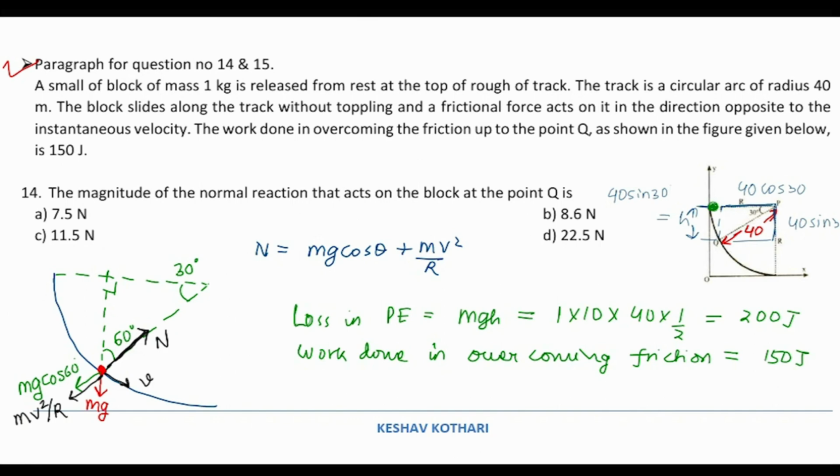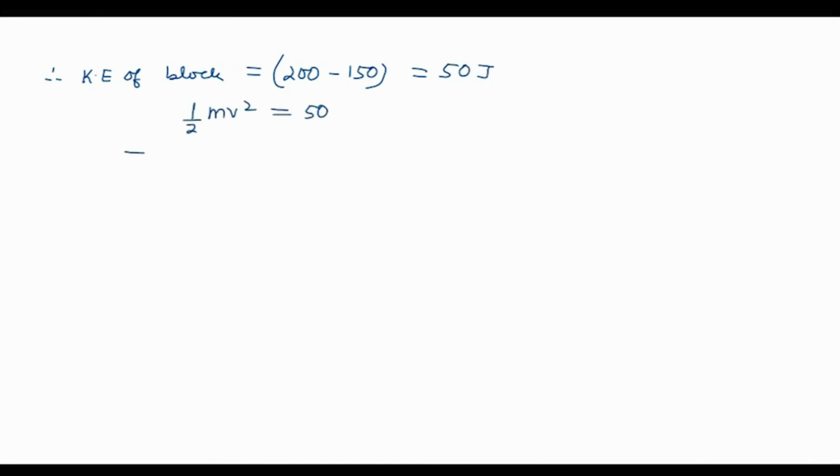Therefore the kinetic energy of the block will be equal to 200 minus 150, that is equal to 50 joule. And we can say that this is equal to half mv square, which is equal to 50 joule, or from here I can take that mv square is equal to 100.